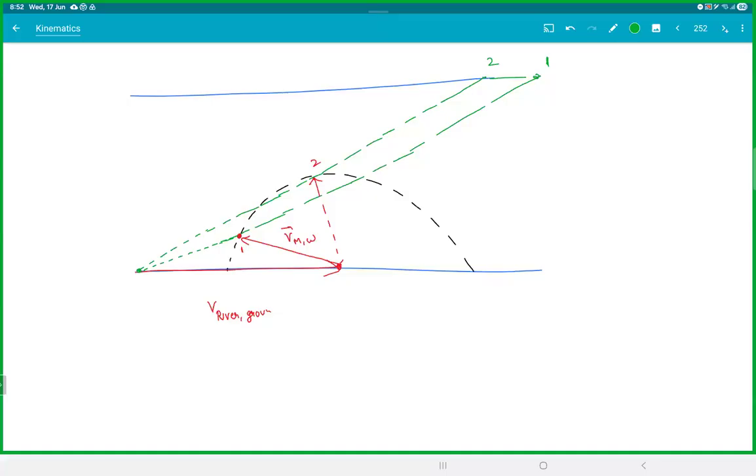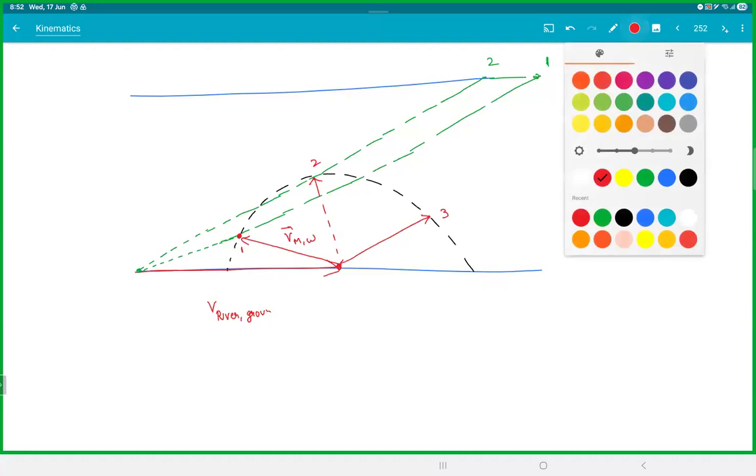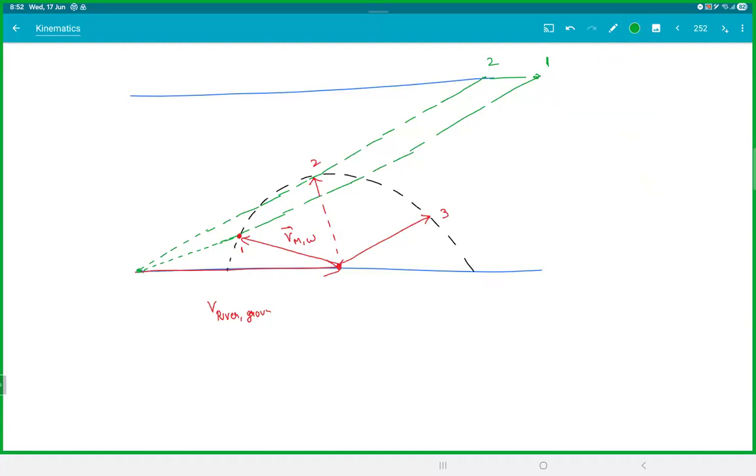You're getting the logic of how we are drawing the vectors? So you can choose any vector on that. Suppose I take a vector like this, point 3. Then the resultant vector will be from the remaining tail to the remaining head, so he will just keep going like this. So that will be 3.